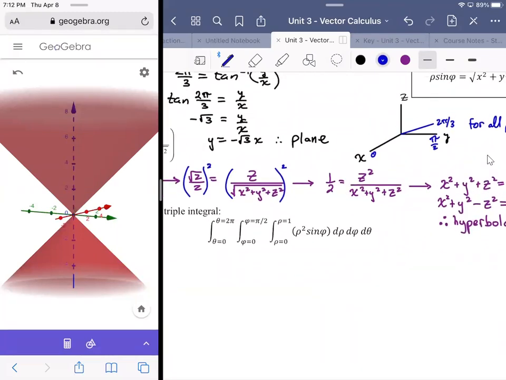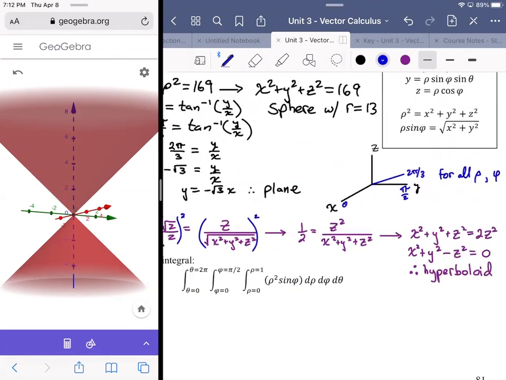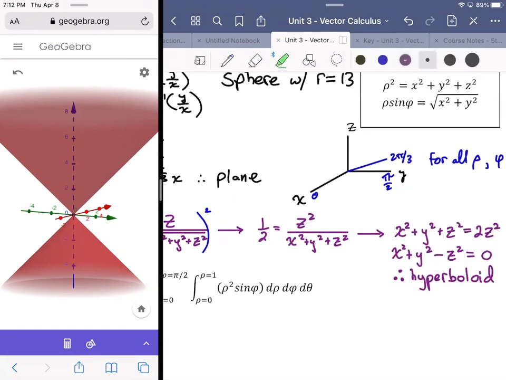Now, I could show you what this would look like in rectangular coordinates, but I'll give you a little taste of it. If I were to take the rho sine phi that you see over here, I could use that to swap this out.